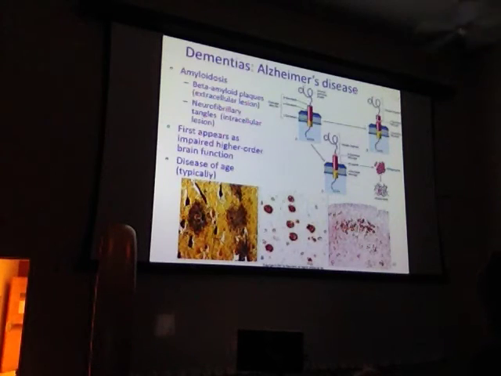Now, the alpha-beta subunit, which is this reddish-like structure, is what breaks off and starts forming these aggregates. And these aggregates move on to form what we call these amyloid fibrils.